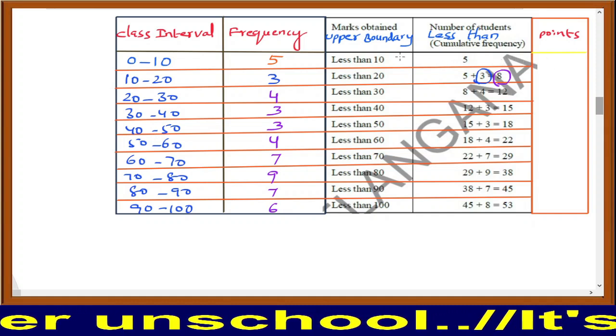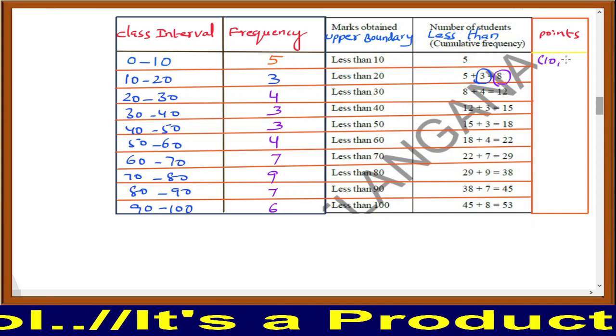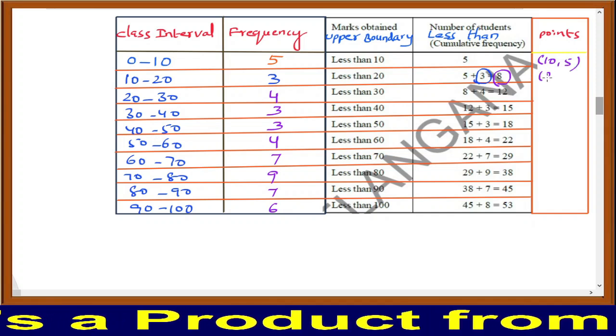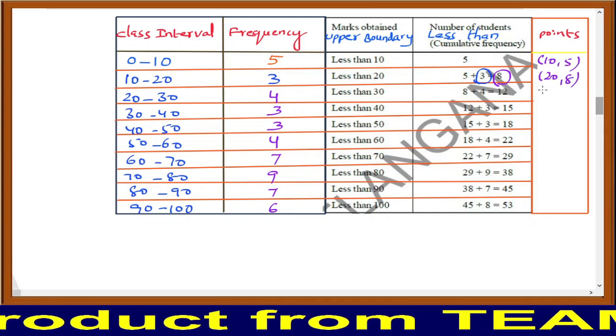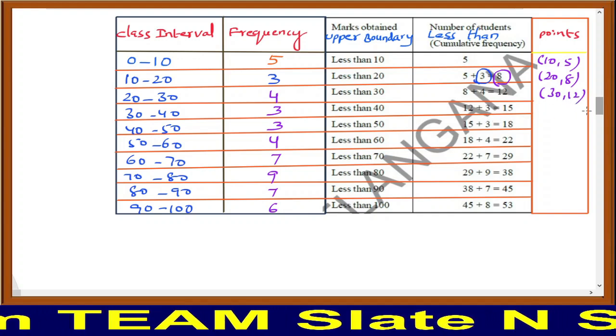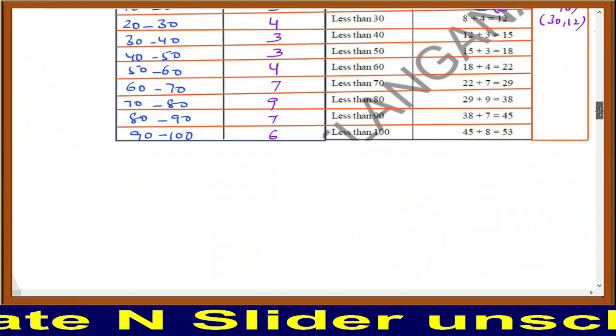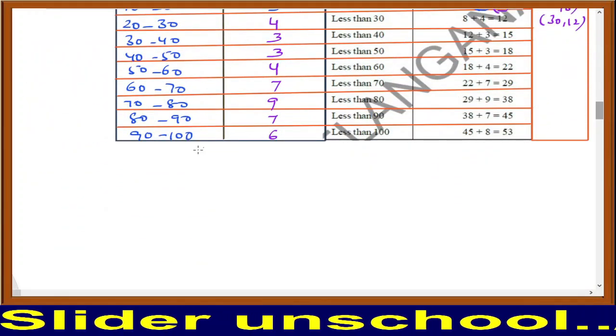I will write here the class interval, the points will be 10 comma 5, and this is 20 comma 8, and 30 comma 12, and the remaining, the method which we used in the previous question itself will be used here, no problem. So we can use the median formula.